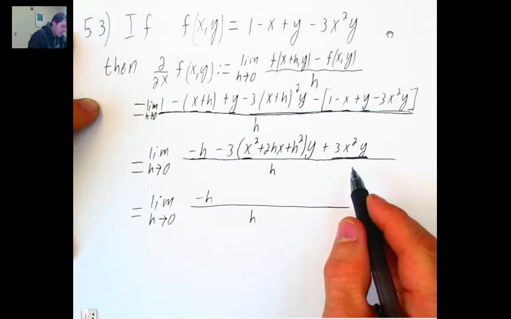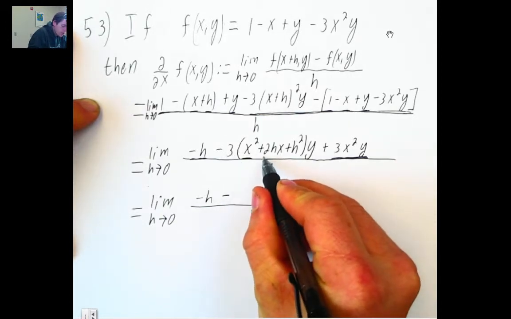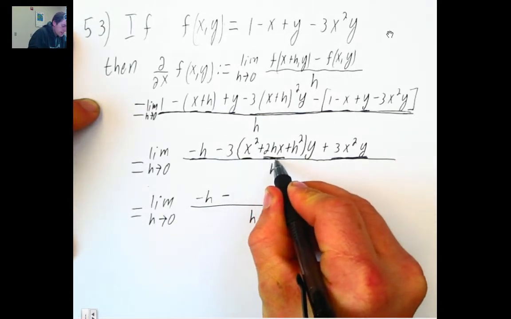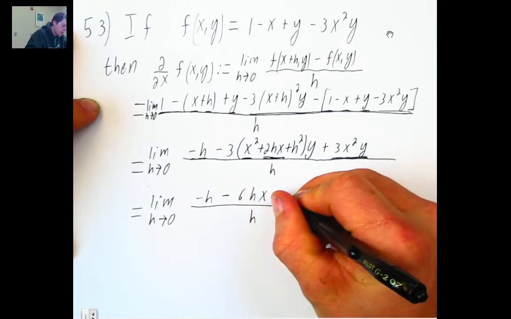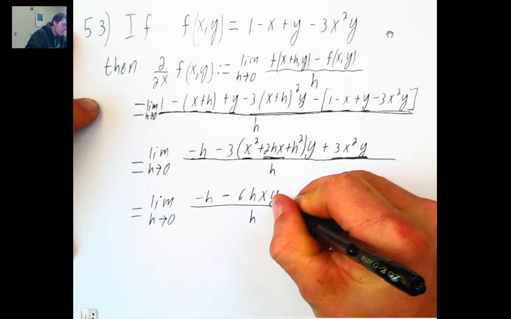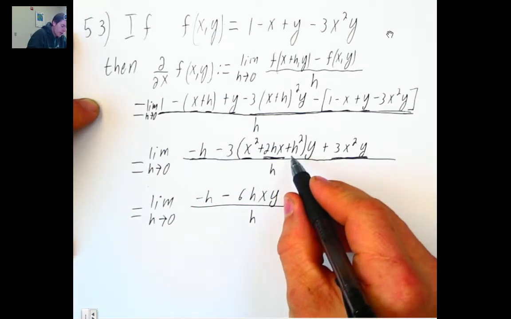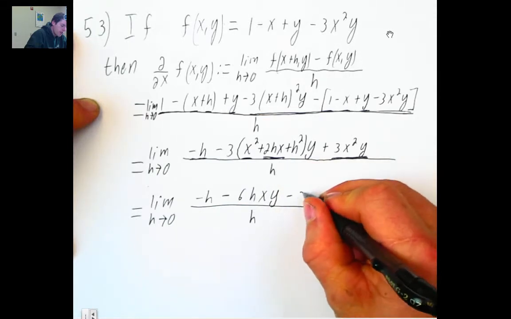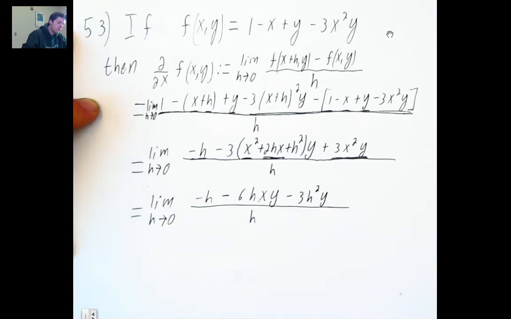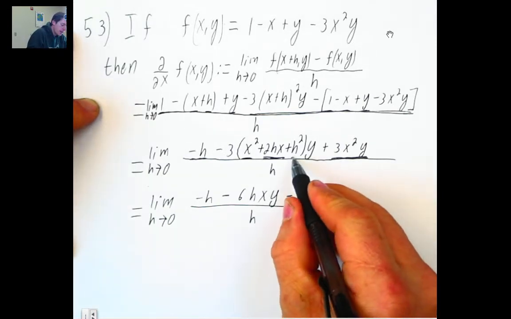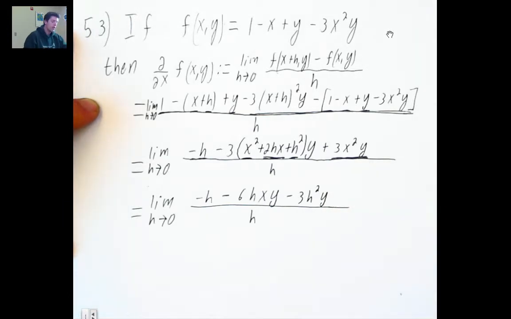So that's all gone. Minus 3 times 2hx. Okay, so that is minus 6hxy. Putting that y in there. And then I also have an h squared term, which is negative 3h squared y. And that is the h squared term. Now, I've already dealt with this, so I don't accidentally write it again.